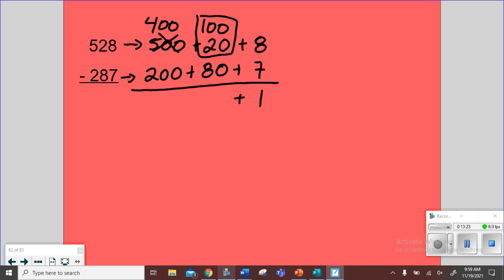Does that make sense, what I just did? I had 100 that I took from my 500 and I gave it to my 10. How many 10s am I working with now? I'm working with 120. 12 tens, 120.